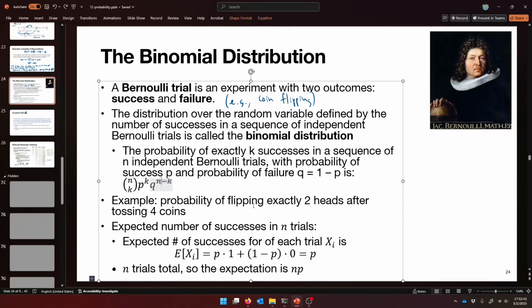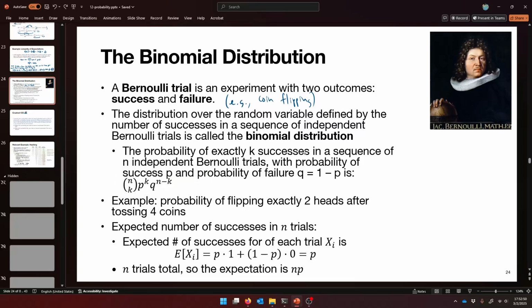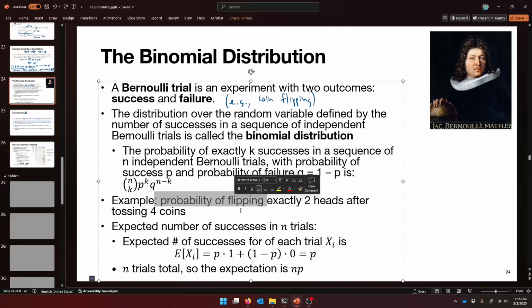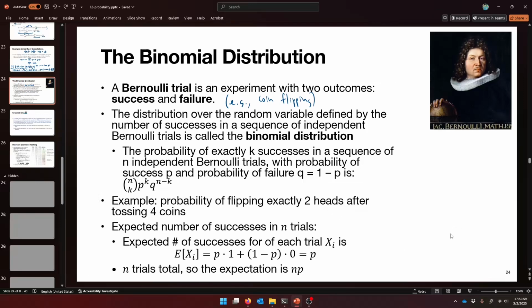So, for example, we can use this fact, the binomial distribution, these Bernoulli trials, to come up with a probability of flipping exactly 2 heads if we toss 4 coins. All right, so if you think about it, what are all the different ways that that could happen?